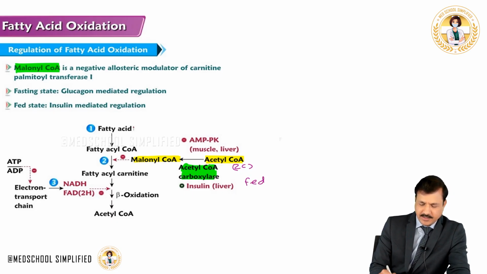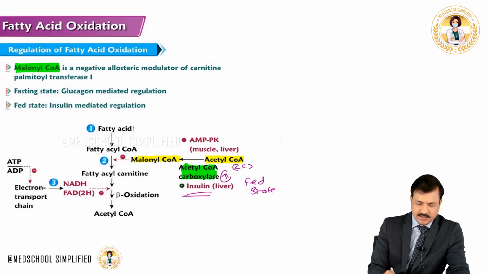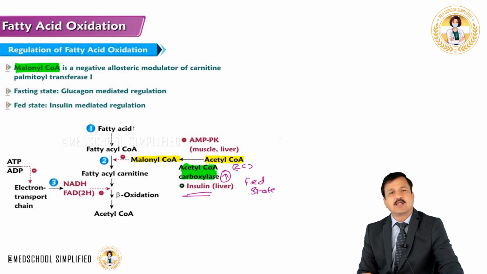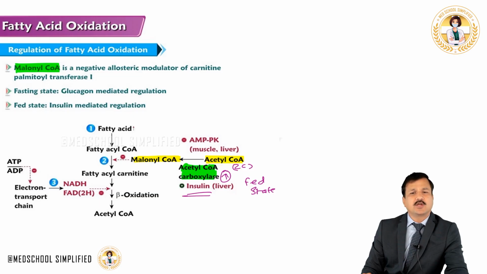Under the fed state, there will be release of insulin, and this insulin, especially in the liver, induces acetyl-CoA carboxylase and also keeps this enzyme in a dephosphorylated state. Thereby the enzyme is active, and it converts more and more acetyl-CoA into malonyl-CoA, so that malonyl-CoA goes into fatty acid synthesis.